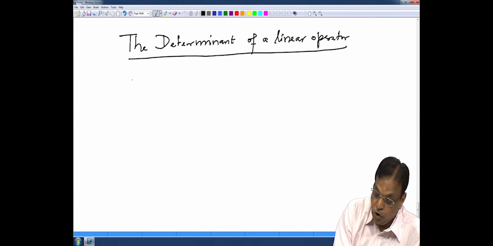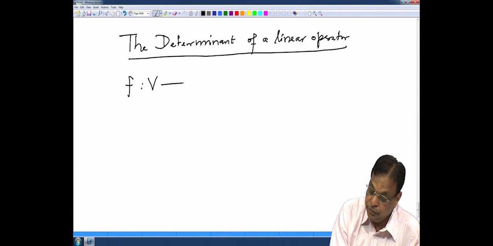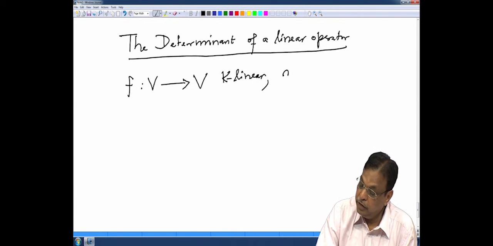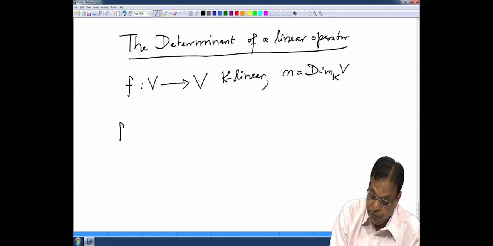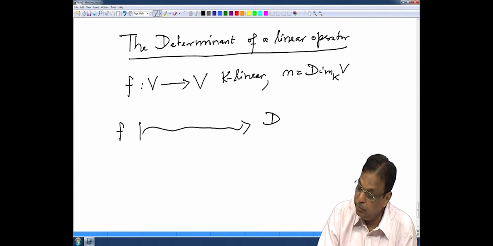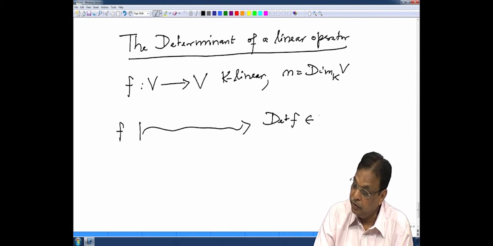So, given a linear operator f on a finite dimensional vector space V to V, k linear, and n is the dimension of V. And I want to associate for this f a scalar which one wants to call the determinant of f. This is a scalar.